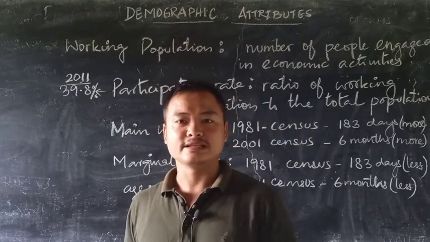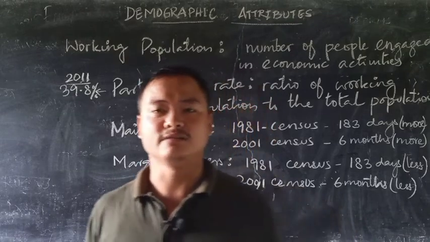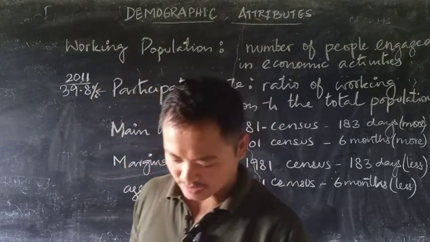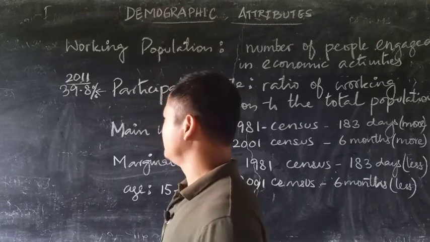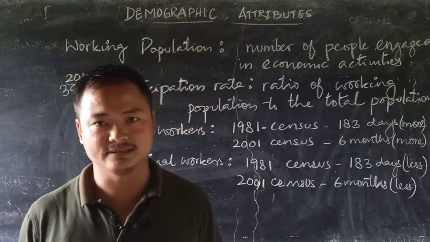So that means we see how little of the population is involved in the activities. Well, out of this, the male participation rate is higher than that of the female participation rate.